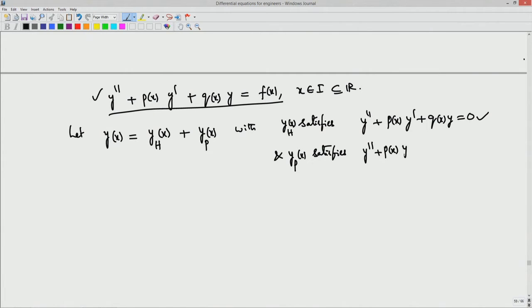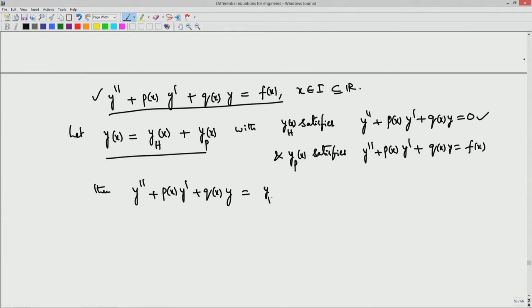So given the non-homogeneous equation equal to fx, if you substitute this into the equation, y double dash plus px y dash plus qx y, what is this value? Substitute here: yh double dash plus yp double dash plus px times yh dash plus yp dash plus qx times yh plus yp.